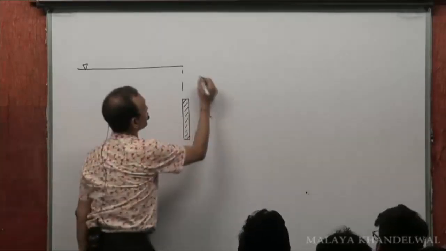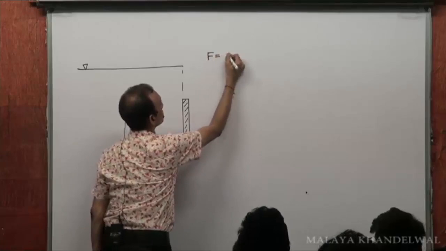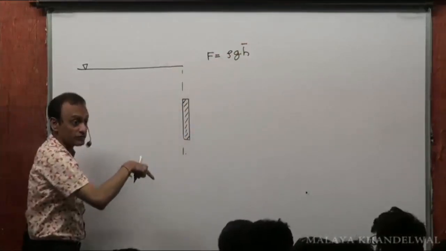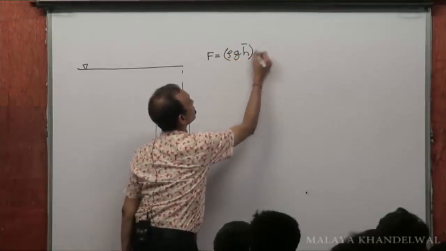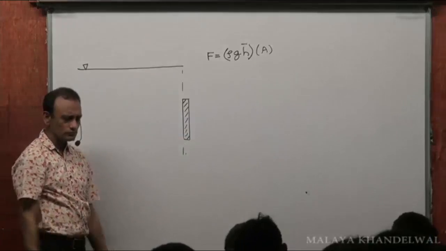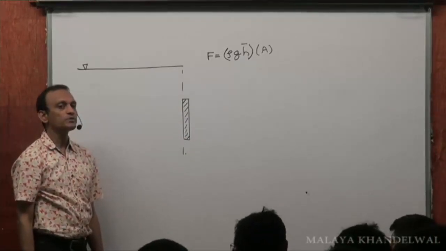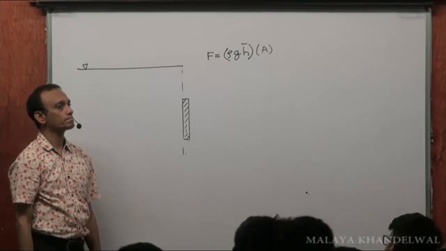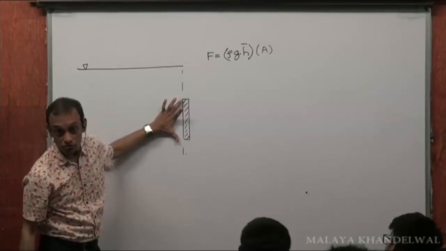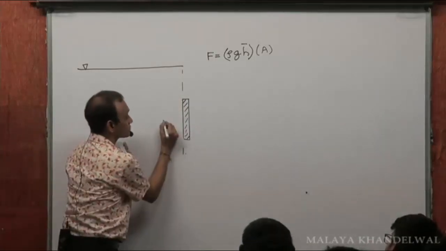It's going to be rho g into the depth from the free surface of the center of gravity, into the total area. So that's a hydrostatic force, F, acting on it.